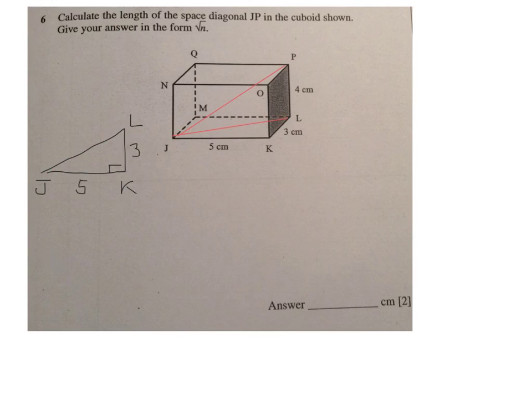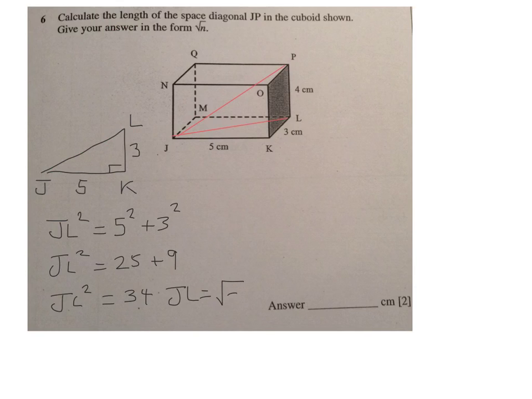So we're going to use Pythagoras theorem, and Pythagoras theorem states that JL squared is equal to 5 squared plus 3 squared. So JL squared works out to be 25 plus 9, and so JL squared works out to be 34, and so JL is the square root of 34.